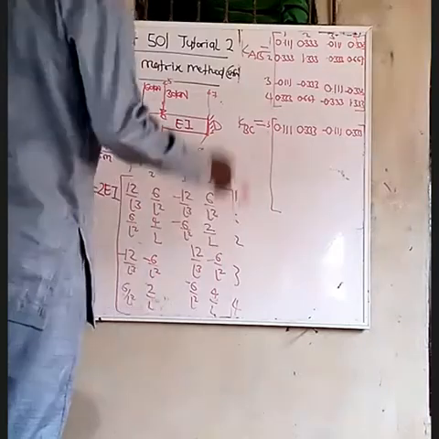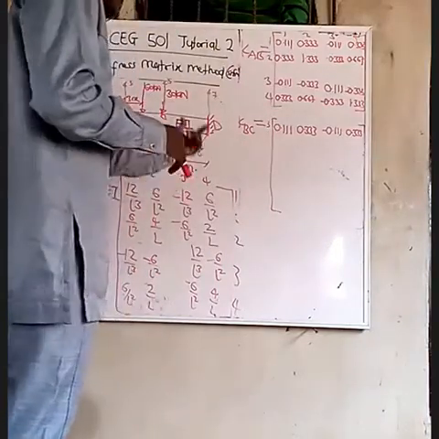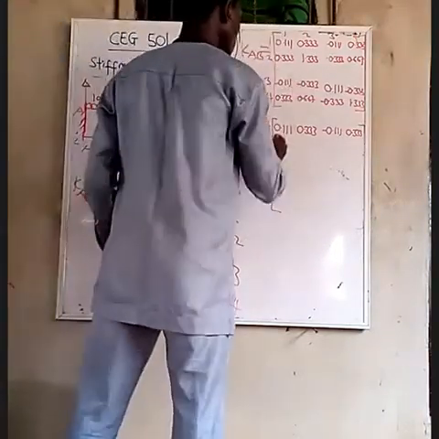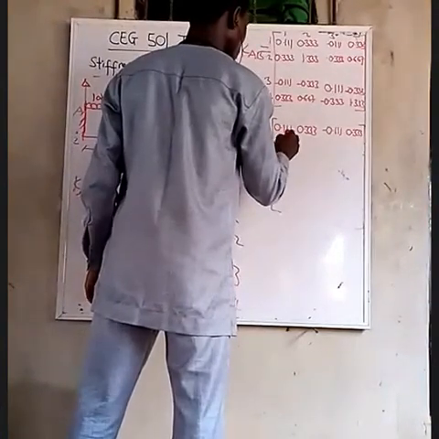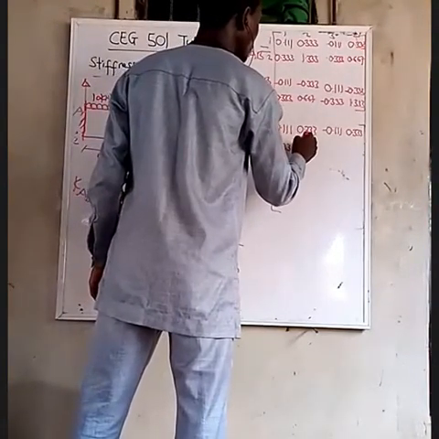Let's go to 0.111, 0.333. So we are going to have the same thing.